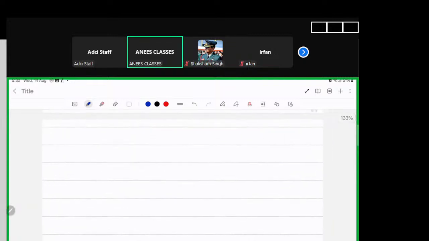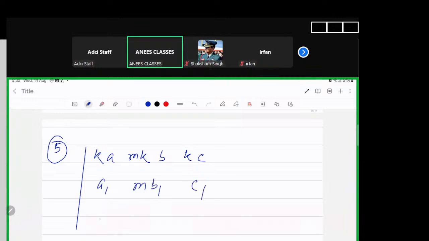Now the fifth property: you can take a common factor from any one row or any one column. Suppose I have K, KB, KC, A1, MB1, C1, A2, MB2, C2.